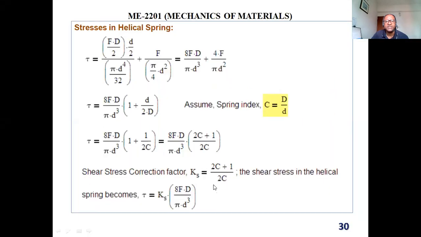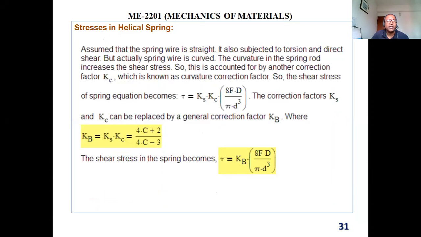This is Ks. But this is not accurate because we apply the torsional formula in a curved bar. So that's why we multiply by another correction factor that is called Kc. So right over here is coming Ks into Kc.